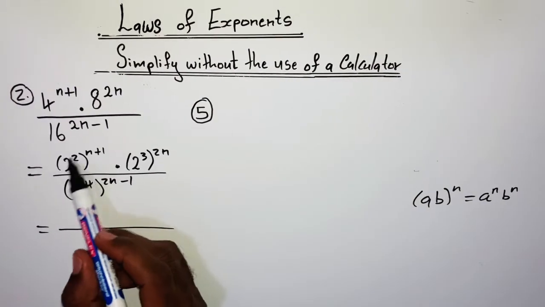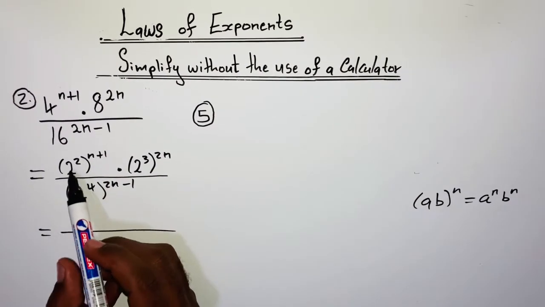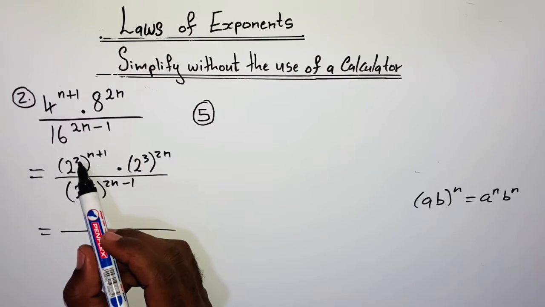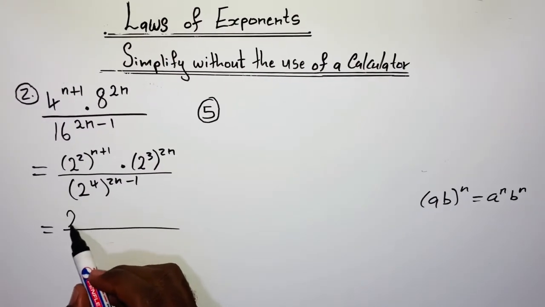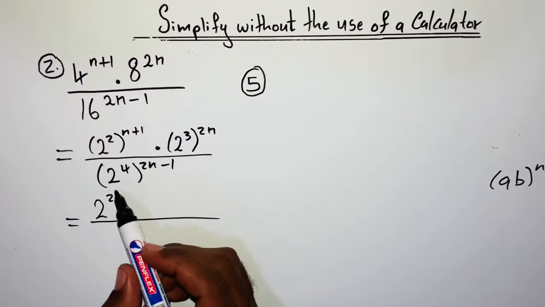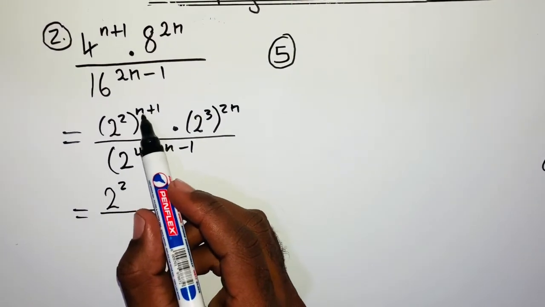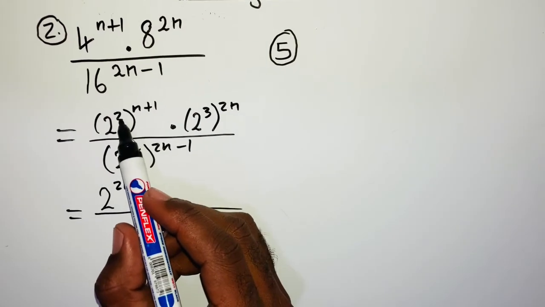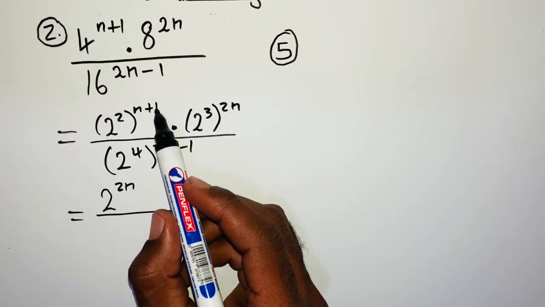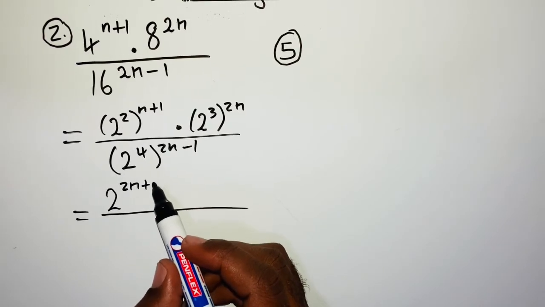So when we have 2 to the 2, these two will have to multiply. We'll have 2, then 2 times n, which is 2n, 2 times 1, which is plus 2.